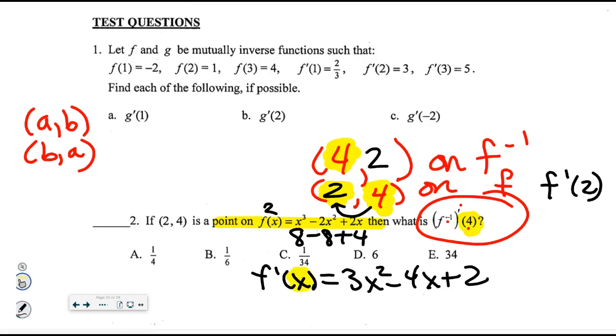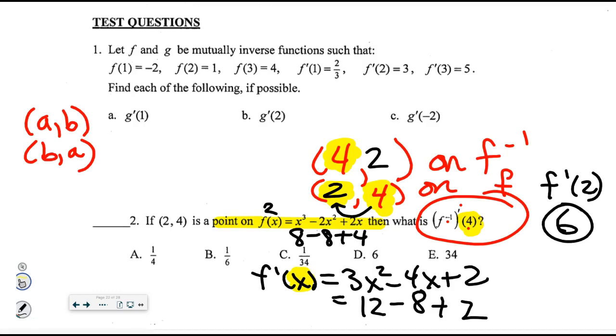What am I going to plug in? Go ahead and tell me. I'm on f. What's the x value? 2. So you just go plug in a 2. Then you go 3 times 2 squared minus 4 times 2 plus 2. 6. The derivative at 2 is 6 on the original function.